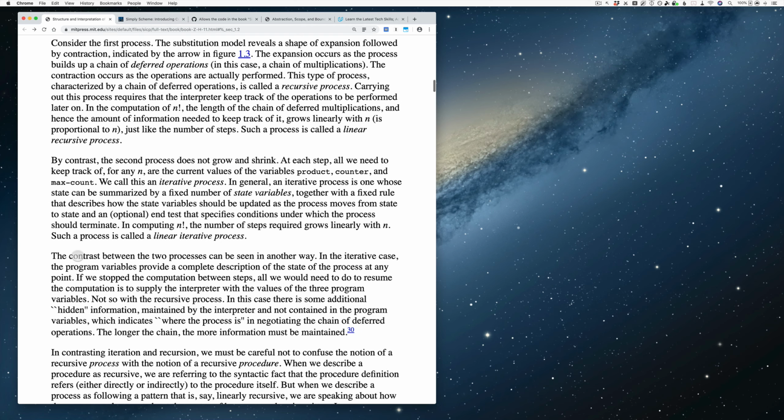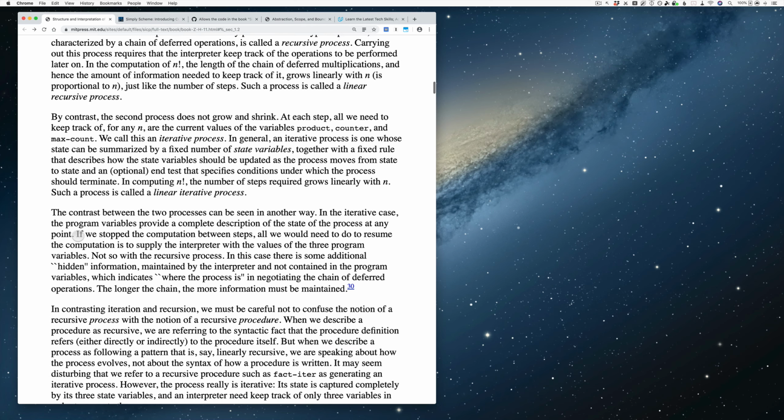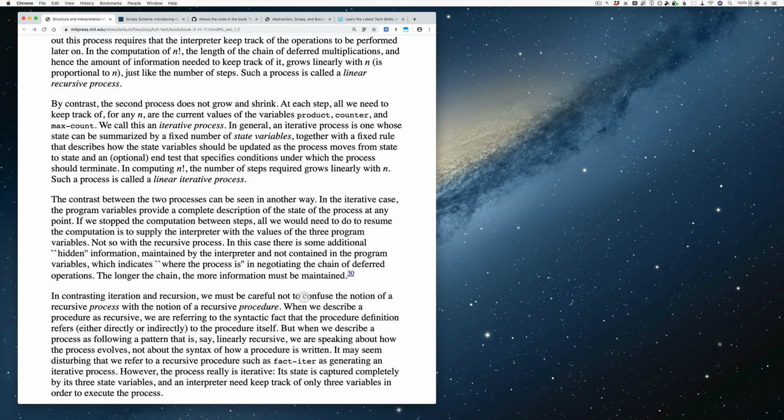So let's see what they say. When we describe a procedure as recursive, we're referring to the syntactic fact that the procedure definition refers either directly or indirectly to the procedure itself. Okay.